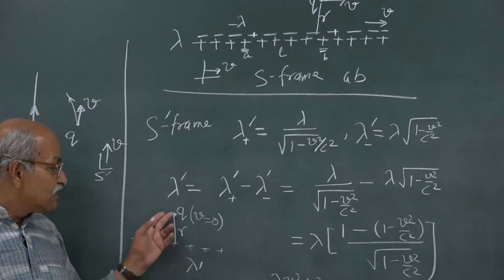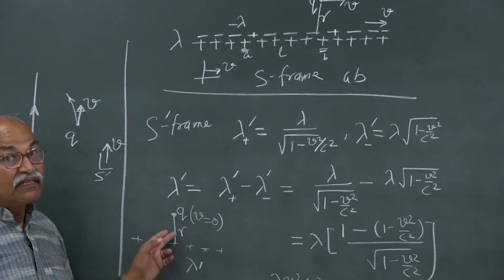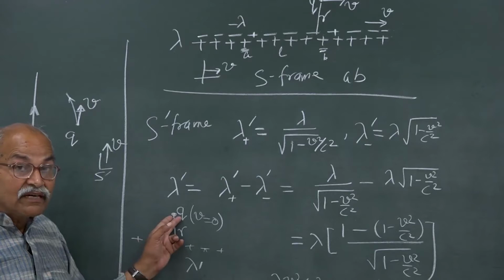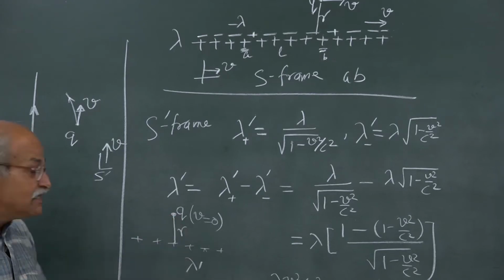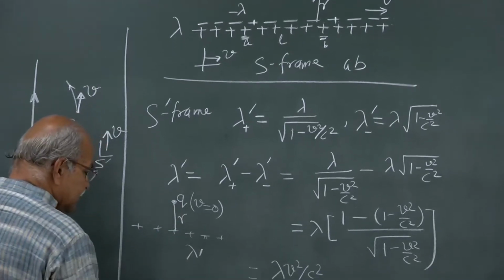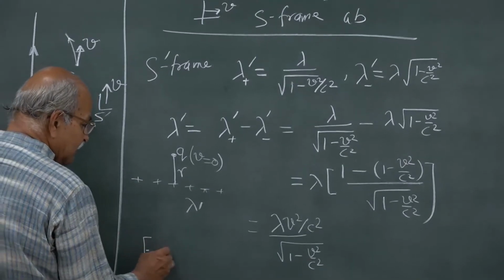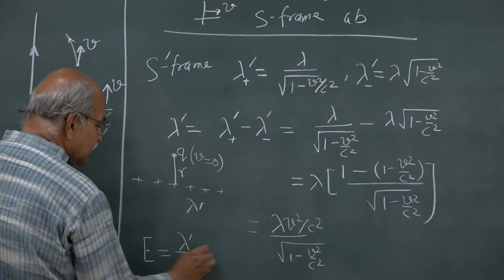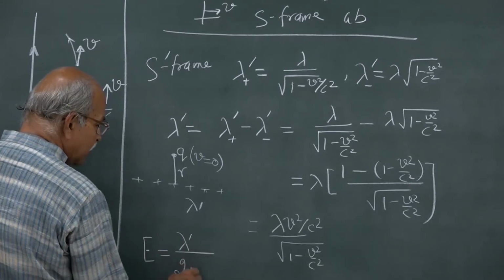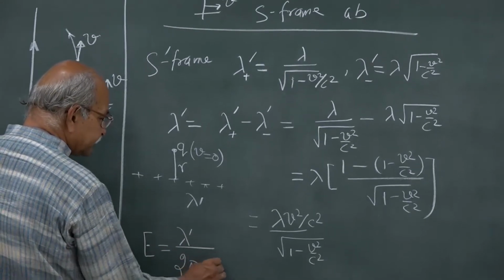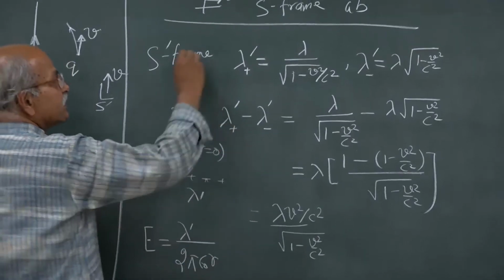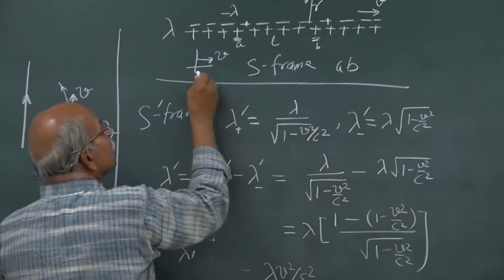So, you will have an electric field, that electric field will create a force on this charge, F is equal to q times E, and you will have Fx is equal to 0. First let me write E. What will be E? E will be lambda prime divided by 2 pi epsilon naught r, or let us say, let us call it x direction and that is y direction.